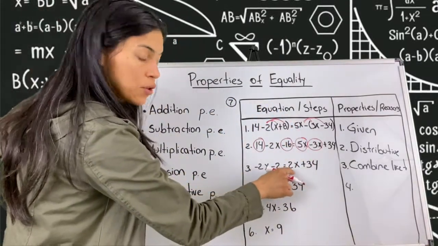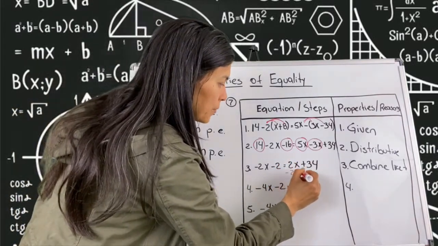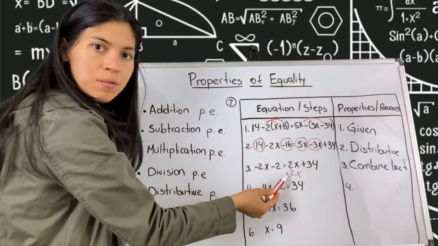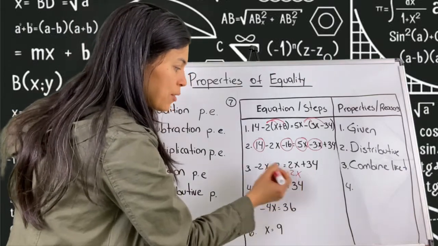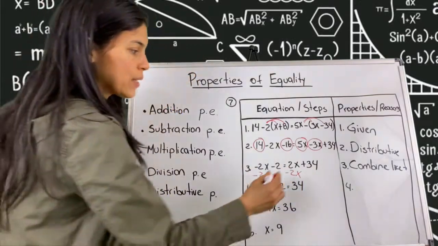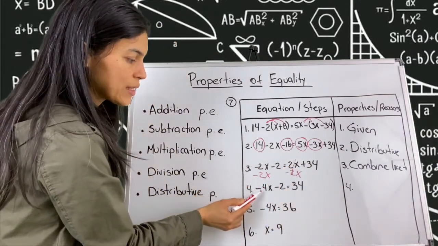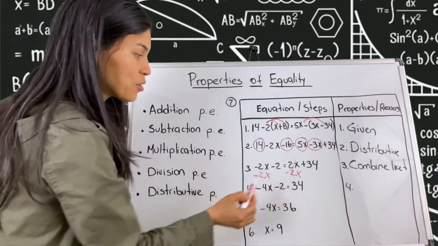They moved the letter from the right to the left. And to get rid of it, they must have subtracted 2 x's. Because you had 2 positive x's, if you subtract them, you get 0. And they must do the same on both sides, right? It's equality. That way these 2 x's got cancelled, and minus 2x is minus 4x. So they did a subtraction there.